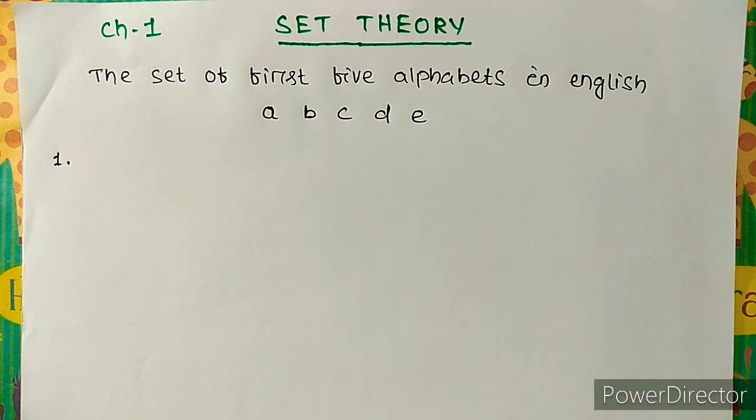While writing, we have to follow these rules. The first one is that sets are denoted by A, B, C, D, etc., the English capital letters.